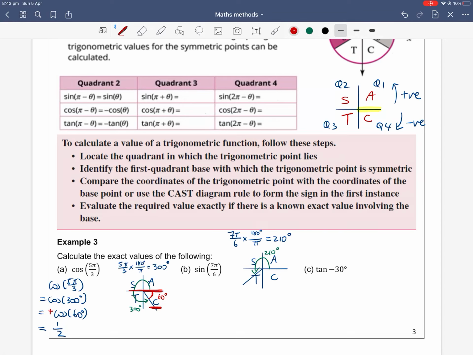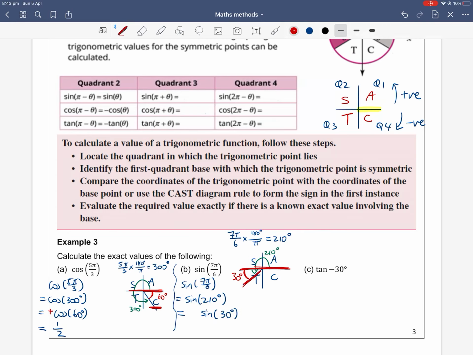We need to work out the small angle from the horizontal x-axis. This small angle here would be 210 minus 180, because half a circle is 180 degrees, which gives us 30 degrees. So sine of 7 pi on 6 is the same as sine of 210 degrees, which is the same as sine of the little angle, 30 degrees.